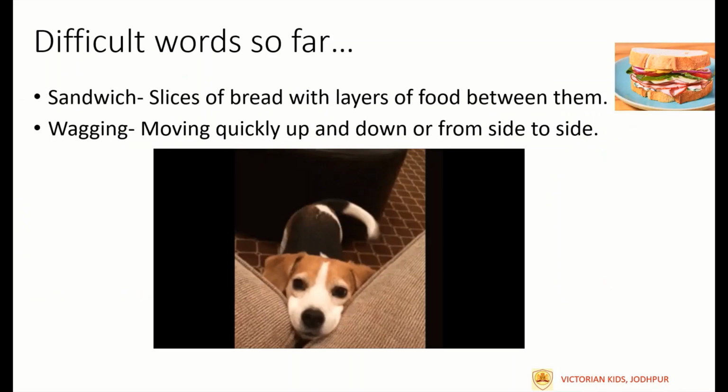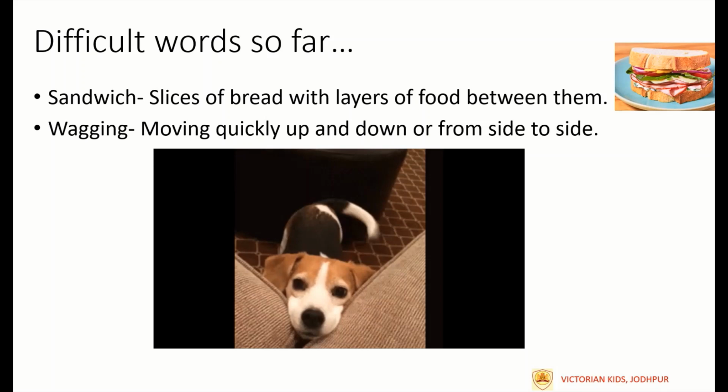Sandwich. I know you already know the meaning of the word sandwich. This is what a sandwich looks like. It has slices of bread on top and bottom, and in between the slices, we fill food items like tomato, onion, etc. The phrase wagging the tail means to move the tail from side to side.